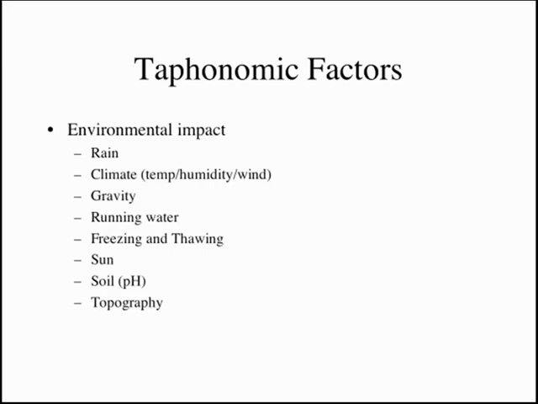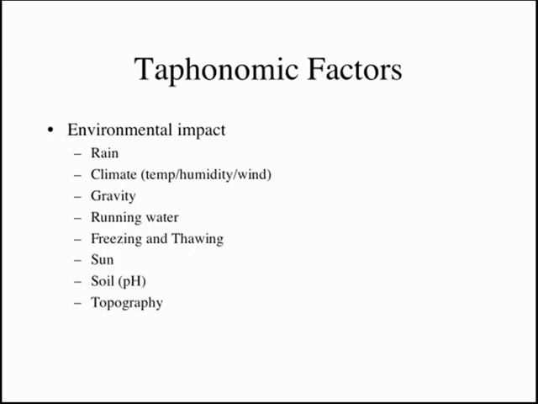Also, the environmental impact. Has it rained? What is the climate? What's the average temperature, humidity, wind? We also have to consider gravity. Where have the fluids gone in the body? We call it lividity. It moves towards gravity.